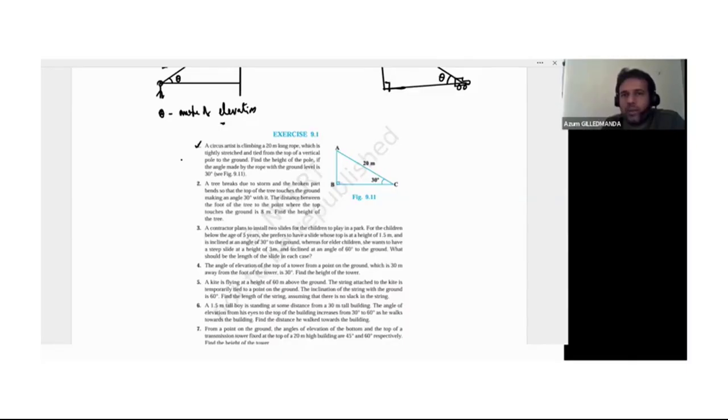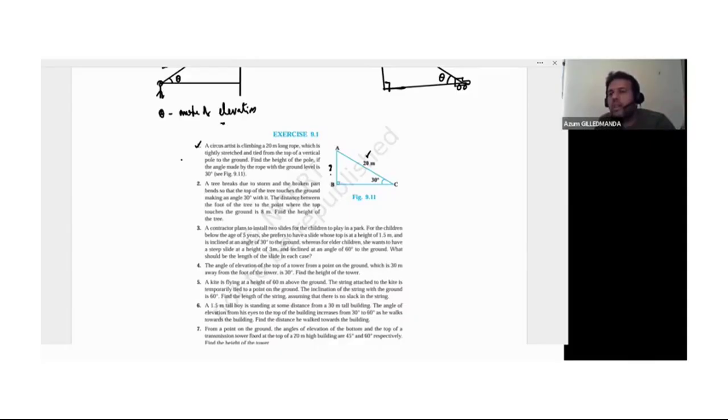Find the height of the pole if the angle made by the rope with the ground level is 30 degrees. So AC makes an angle of 30 degrees with the horizontal. I know side AC, and I know the angle. They are asking to find AB.